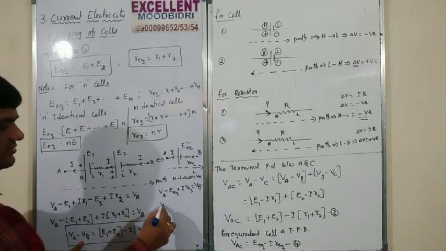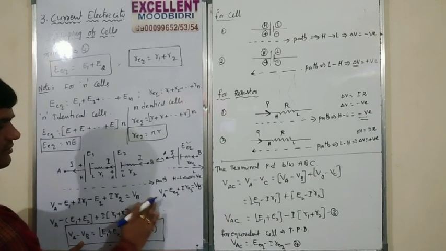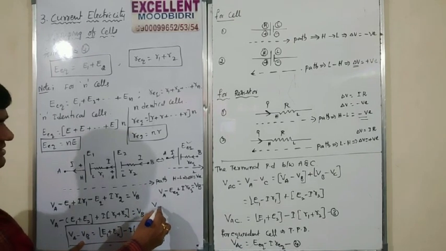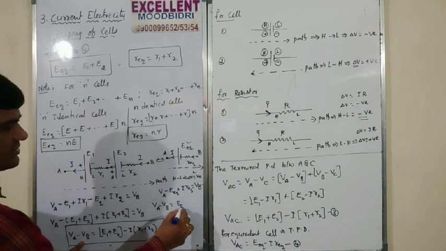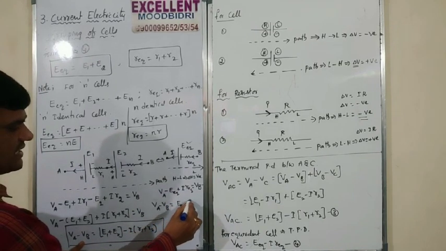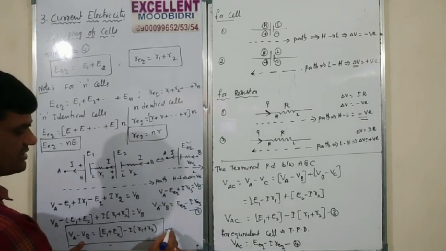So take this side: VA minus VB is equal to E equivalent minus I into R equivalent. This is equation number 2 and this is equation number 3.